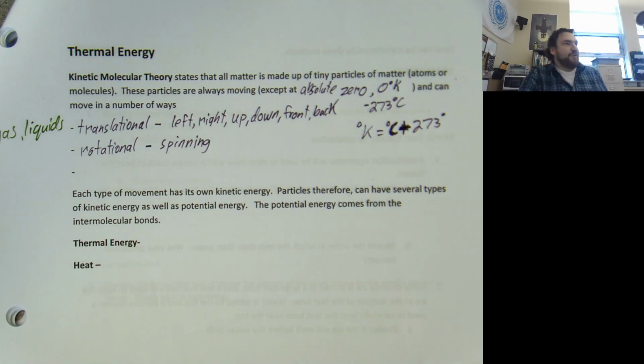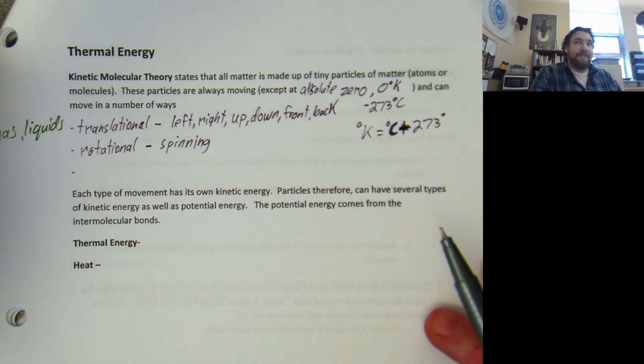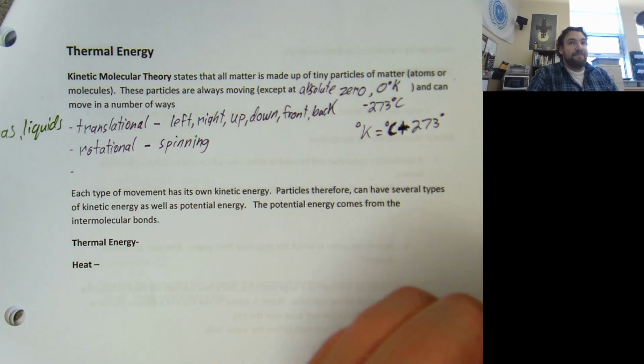There's all sorts of ways you can spin, different axes you can spin on. If you find yourself in kind of an unfortunate situation, there's all sorts of ways we can make you spin. Amusement park rides are dedicated to this spinning. How else can you move? You can move translationally. You can move spinning rotationally. How else can you move?